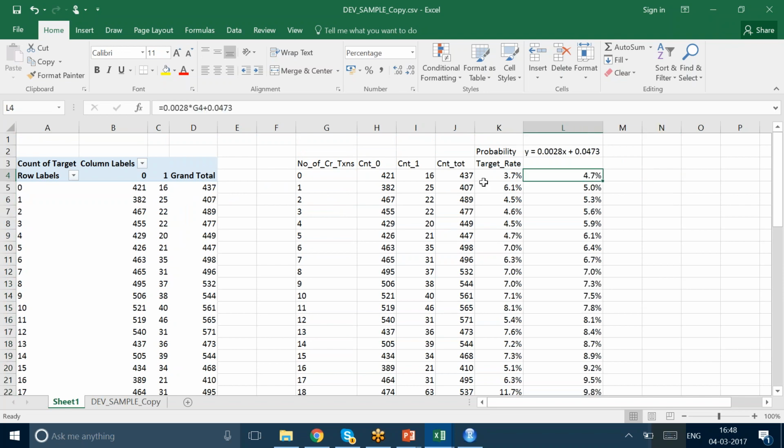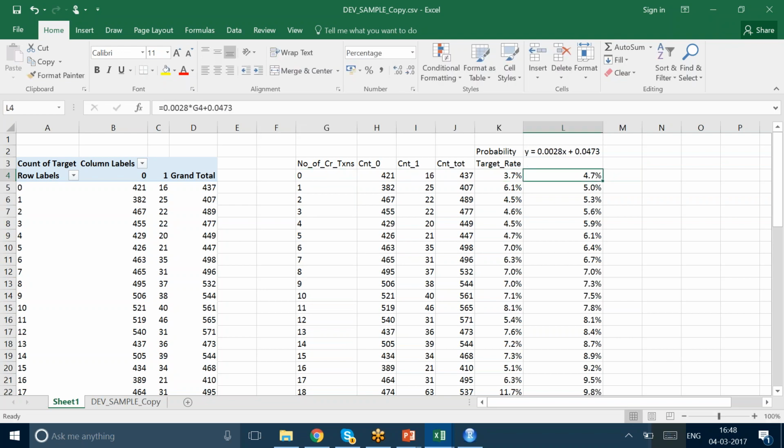And the problem is if this n goes very high, this can go above 1. That is 200% also. This is what we did earlier also. This is what I tried to show.